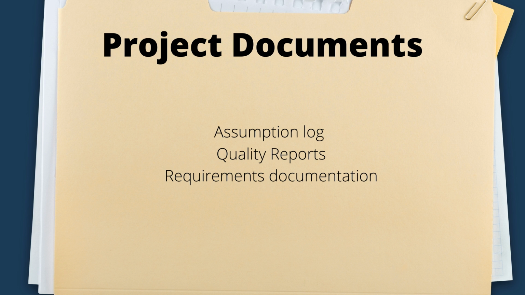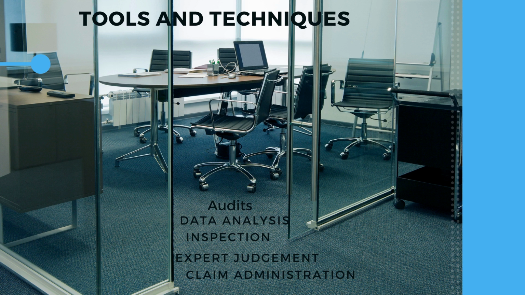Project documents include, but are not limited to, assumption log, which documents the assumptions that have been made during the procurement process, quality reports, which identify seller processes, procedures, or products that are out of compliance, and the requirements documentation may include technical requirements the seller is required to satisfy and legal implications that may include health, safety, security, performance, etc.